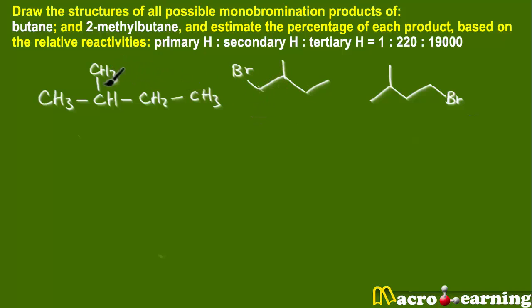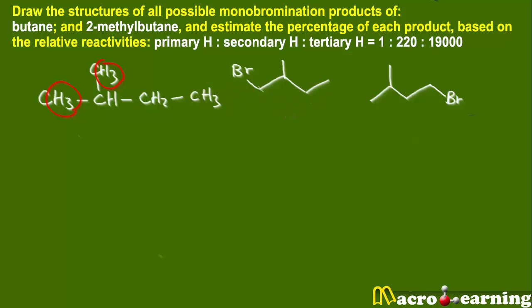Because this one will be the product of primary hydrogens reacting with bromine, right? Will be the product of these hydrogens only. These 6 hydrogens reacting with bromine would all lead to this product here, whereas this product is the result of these primary hydrogens.